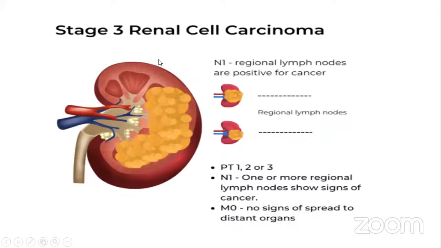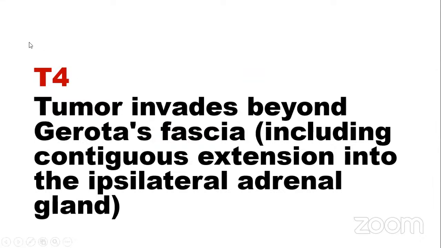Let's take T4 renal cell carcinoma. Here, it's a continuation, no regional lymph nodes, and T1, 2, 3, no. The size is any size with the previous characteristics. The T4, the tumor invades beyond the Gerota fascia, including contiguous extension into the ipsilateral adrenal gland.